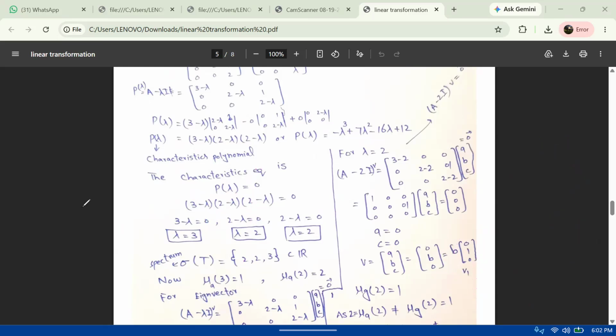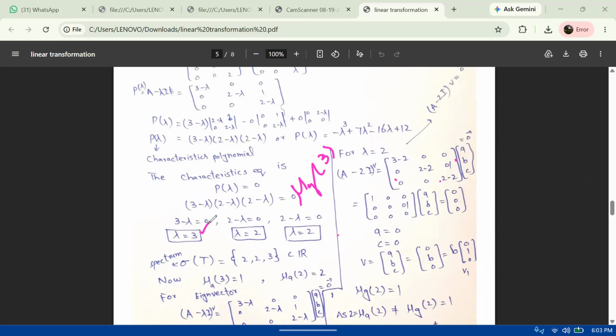But listen here, now I am going to discuss the geometric multiplicity. What is the geometric multiplicity of this lambda 3? Geometric multiplicity means how many linearly independent eigenvectors you have got for lambda.